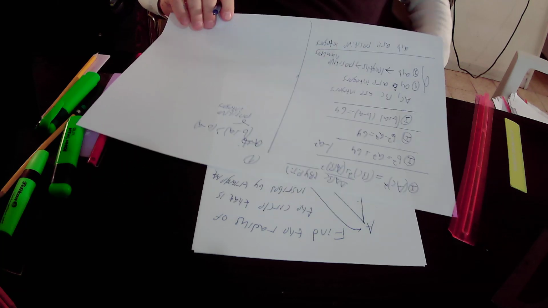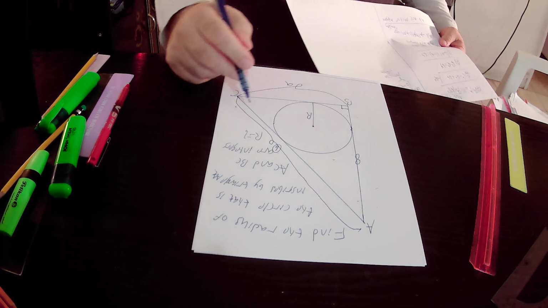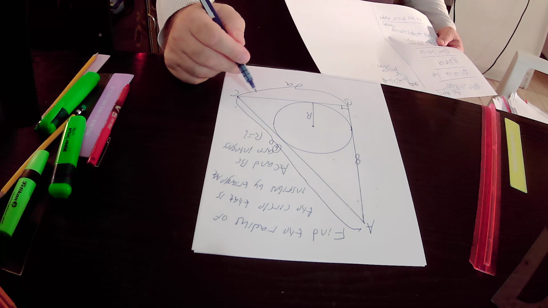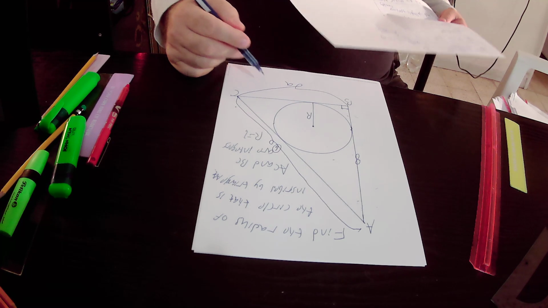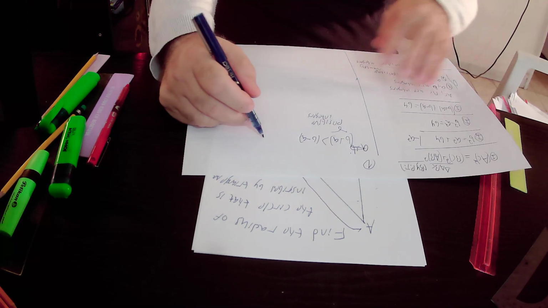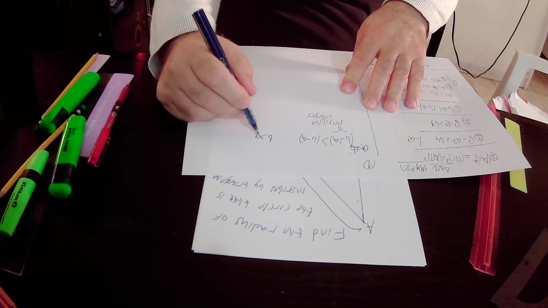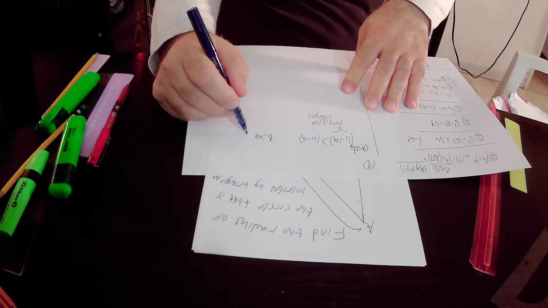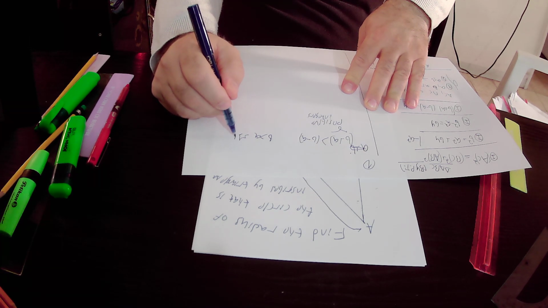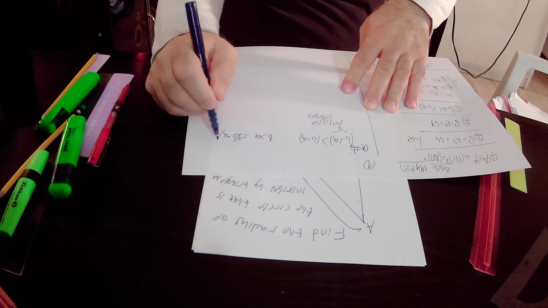Here B is the hypotenuse, and the hypotenuse is always greater than the perpendicular. So we know that B is greater than A, so if we subtract A from this inequality, we get that B minus A is greater than 0.